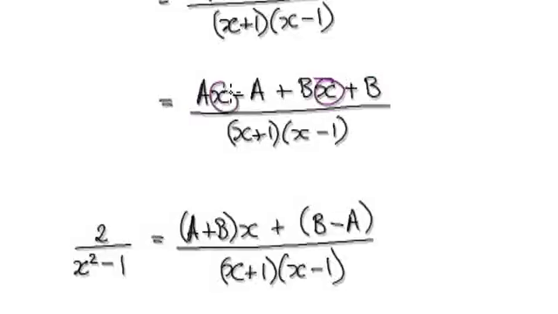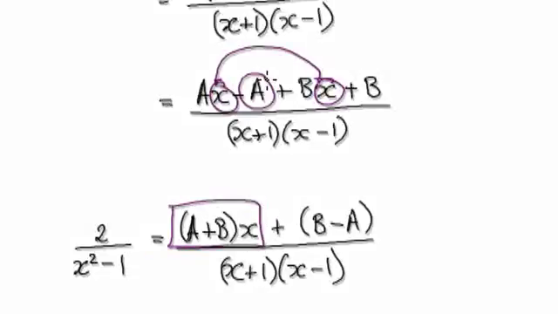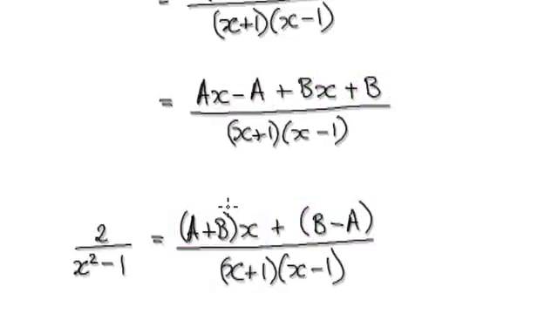Now group all the coefficients together. This contains x, so we can join these two up. That will give us this. This is a constant, this is a constant. So we've got to find A and B in such a way that the coefficient here is 0, because this is 0x plus a constant.